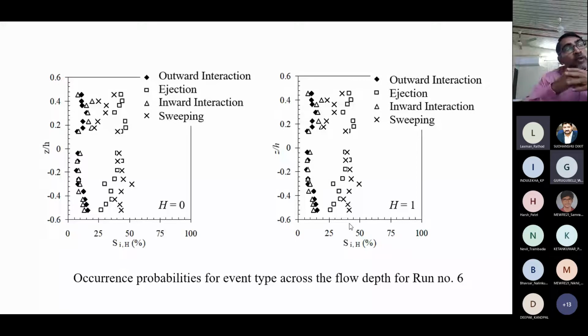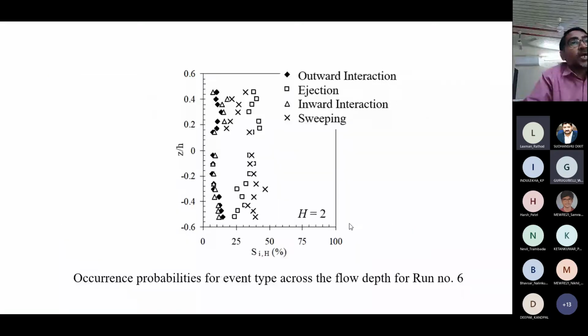But if you have a large amount of data, suppose 6,000 or 10,000 data, and we want to remove some absurd data or weaker events, then we can go up to h equals to 2 to produce the probability of stronger events only, and that can be plotted on this Excel graph, which can be shown here, h equals to 0, 1, and 2. Right? So that is the occurrence probability.